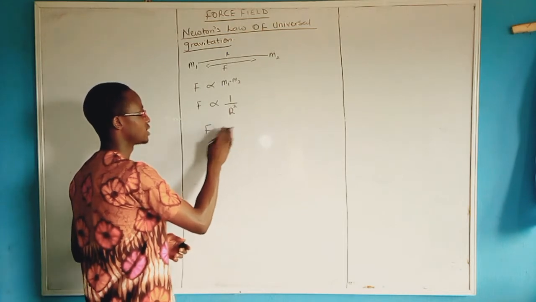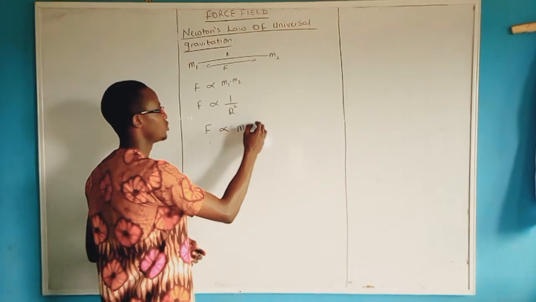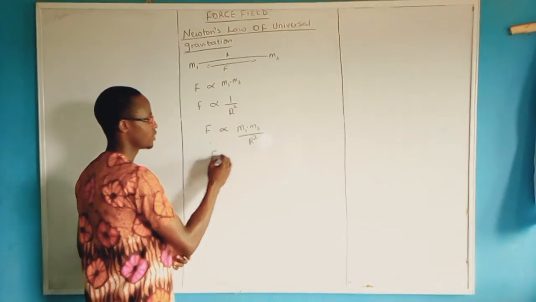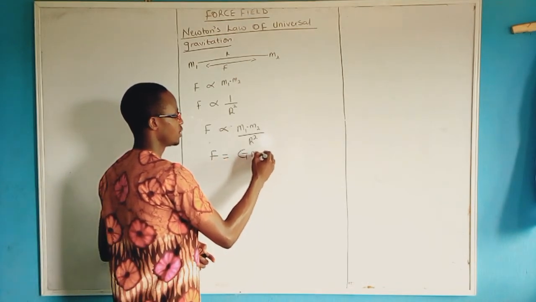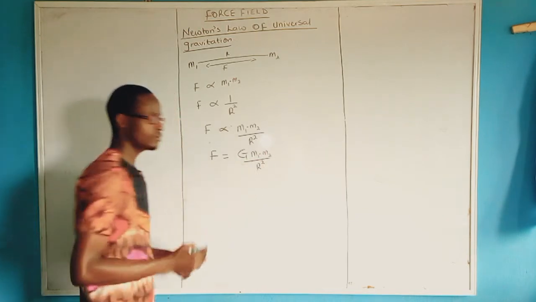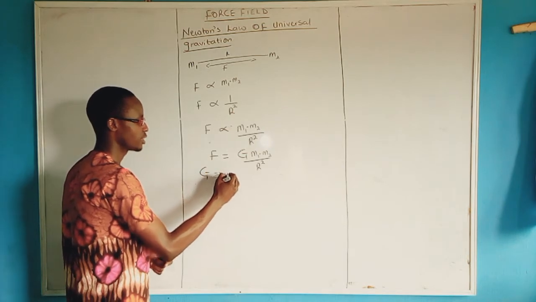So now, joining these together, we're going to have F equals, I will have a constant, let's say, directly proportional to m1 dot m2 all over r squared. So here I'm going to have a constant, which is G, m1 m2 all over r squared. G is a constant called the universal gravitational constant.